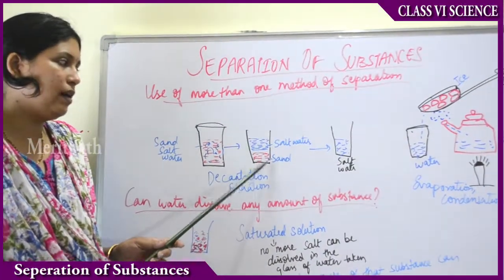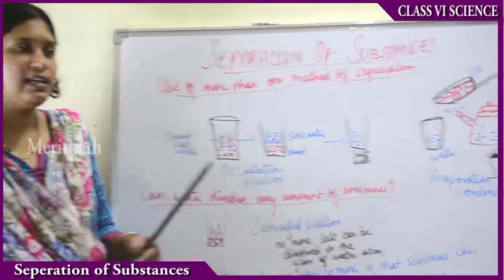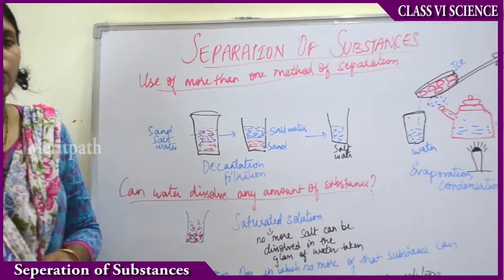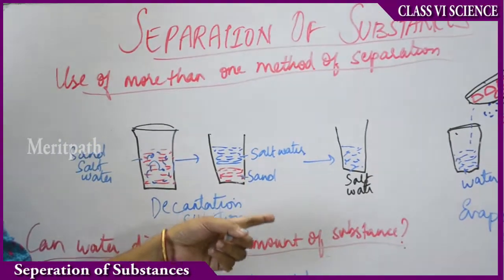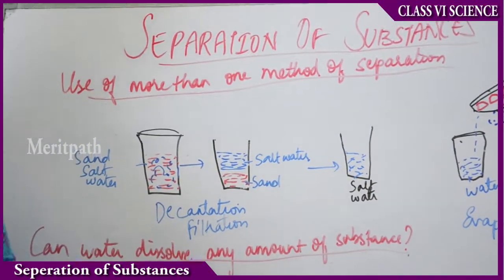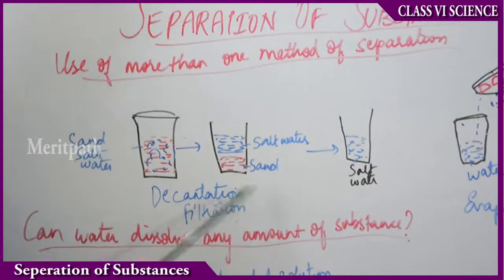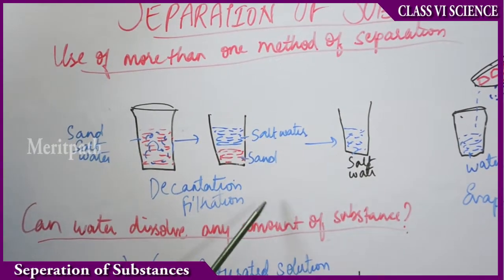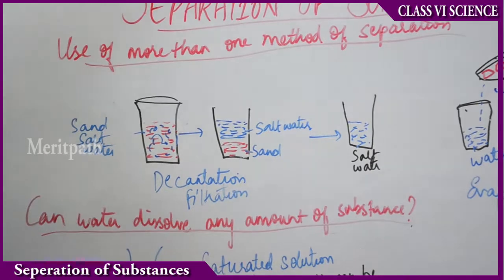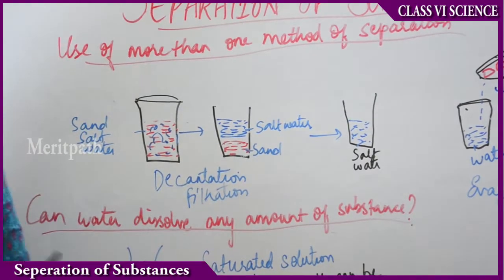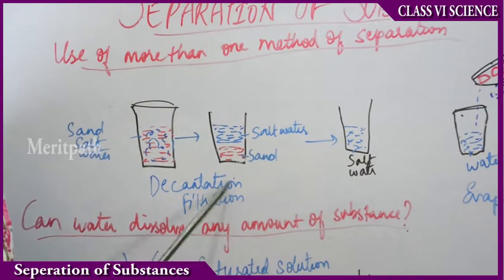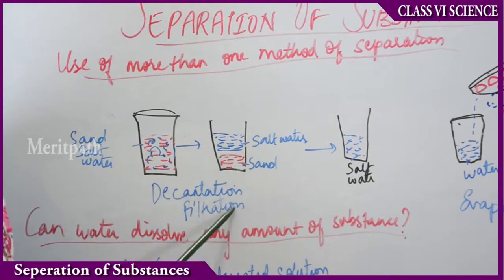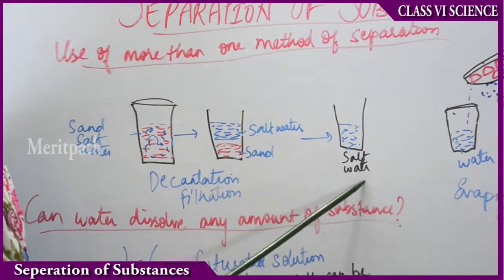Sand settled at the bottom and salt water floated up. This process of settling of sand at the bottom is sedimentation, and this process of salt water floating at the top is decantation. Then further you have filtered this salt water either with a filter paper or a piece of cotton cloth, and you get salt water. Here filtration was applied. Sedimentation, decantation and filtration gave you salt water.